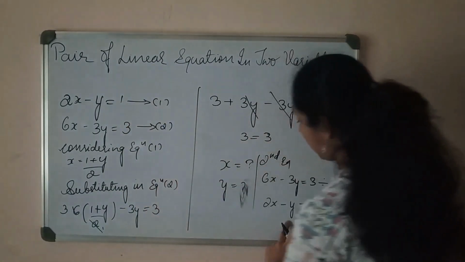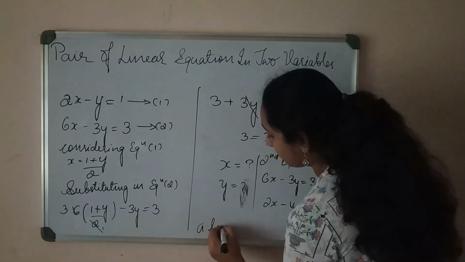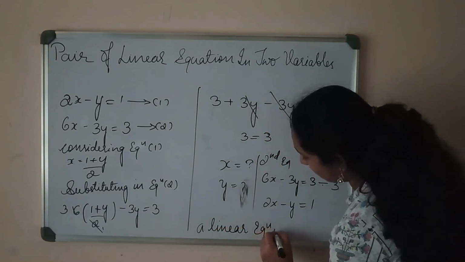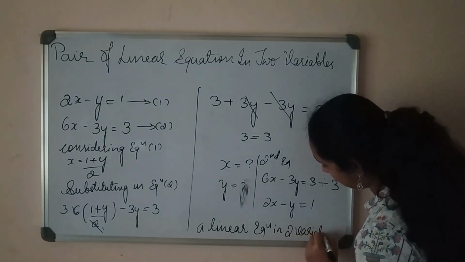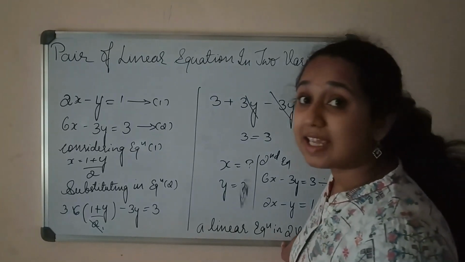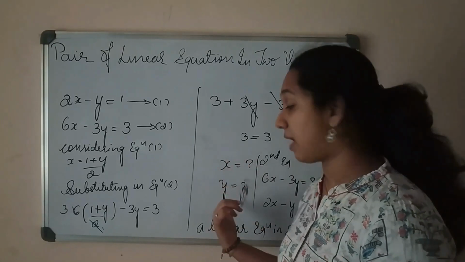Both the equations are the same. That means I have a single linear equation in two variables. Therefore, I can say there will be n number of possibilities of x and y values.